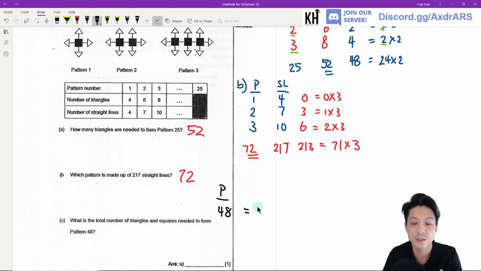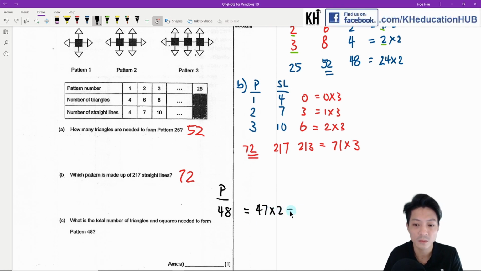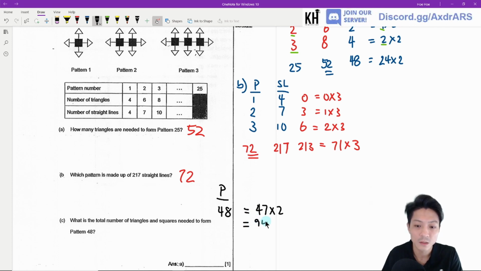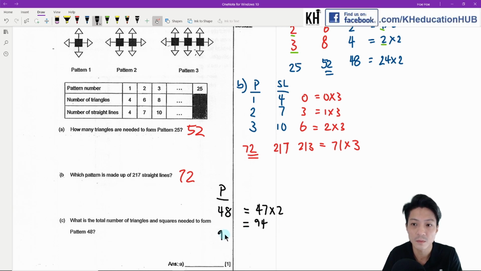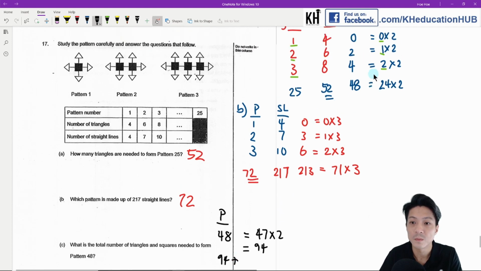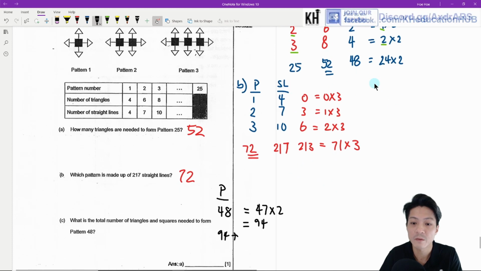So the first thing I need to do is use 47 times 2, which will give me 94. And after that, what do I need to add back? I need to add back a 4, right?